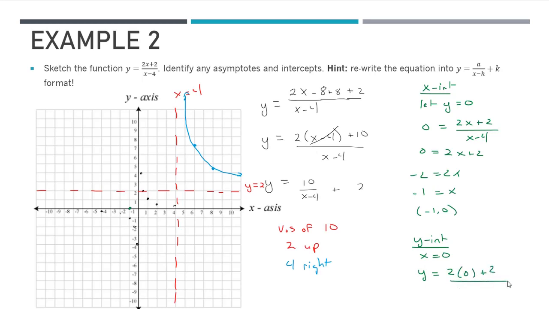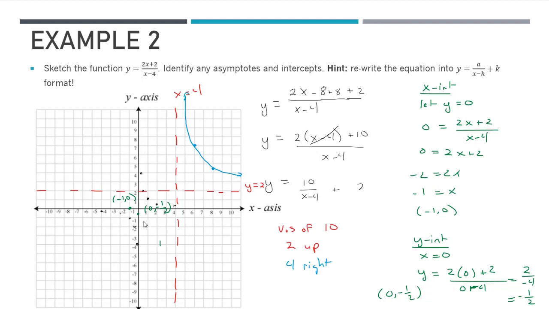Plus 2, and then 0 minus 4. So we're left with 2 over negative 4, or negative 1/2. So then I should have a point at (0, -1/2). Which makes sense based on this graph. It is probably going to look something a little like that. So I'll just label that (0, -1/2). You can barely read that. And this one's going to be (-1, 0).